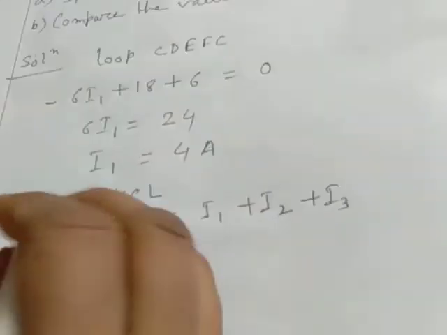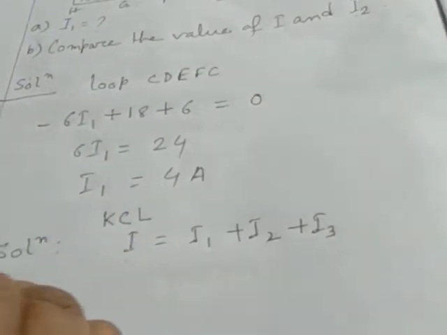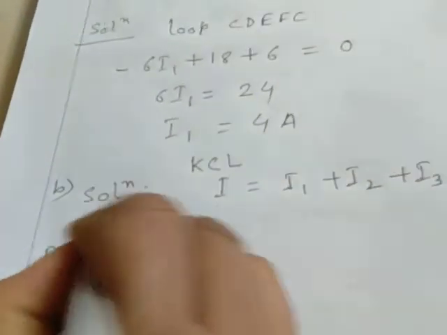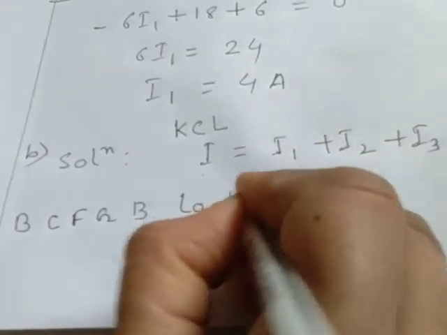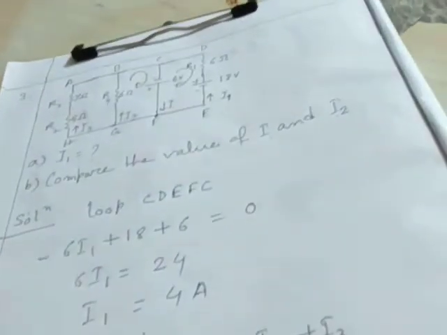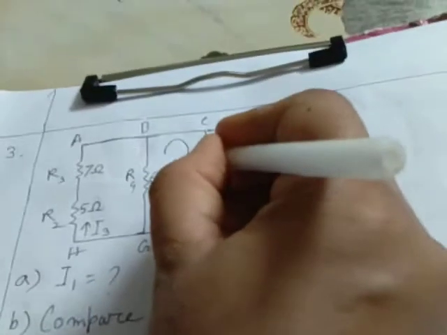Now choose the B, C, F, G, B loop. Okay, this loop B, C, F, G, B. Again we will move clockwise. Look, if we go in this direction, which sign of the cell are we seeing first?